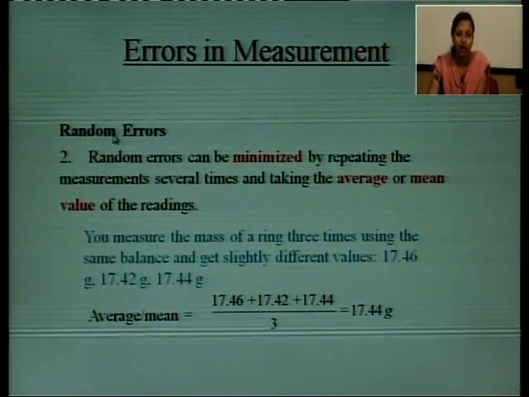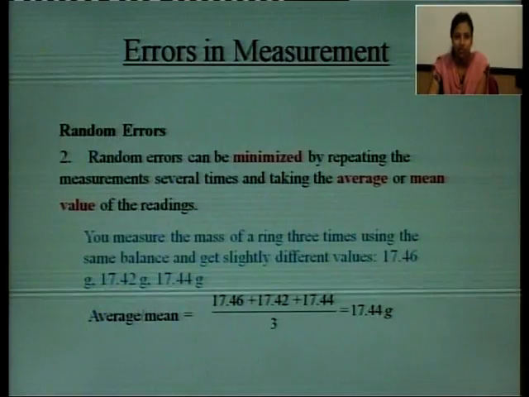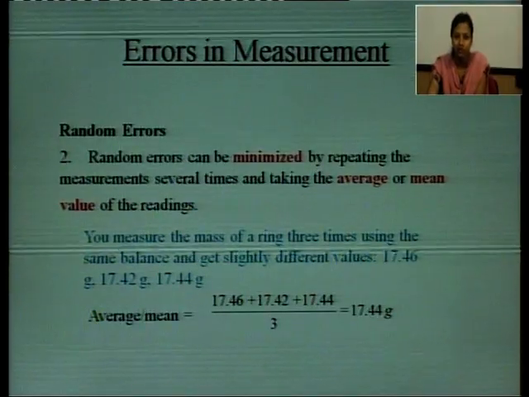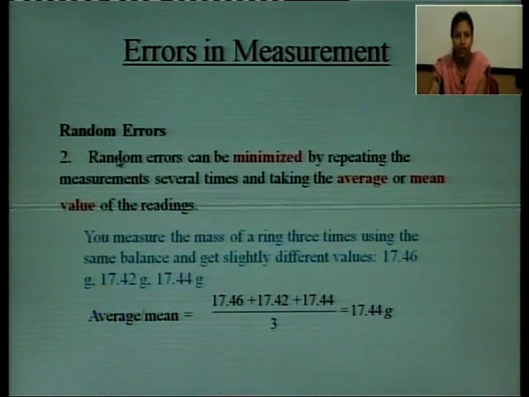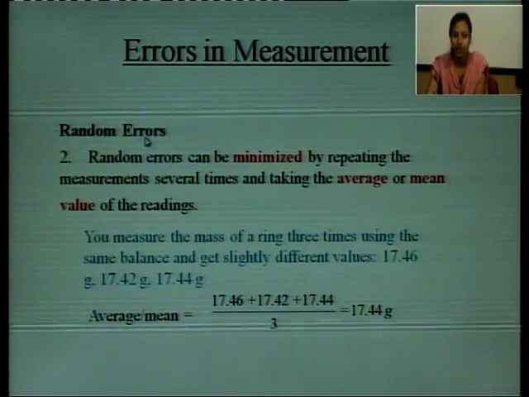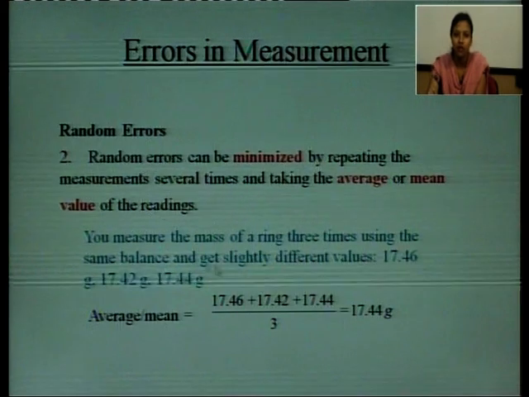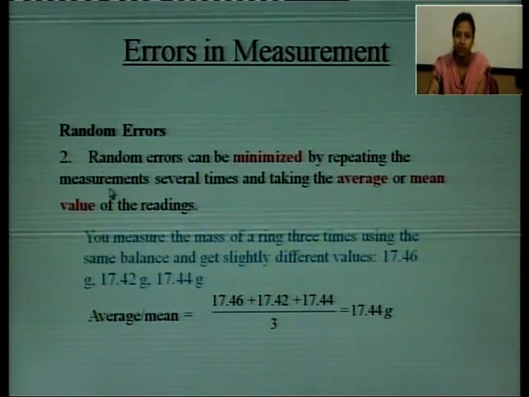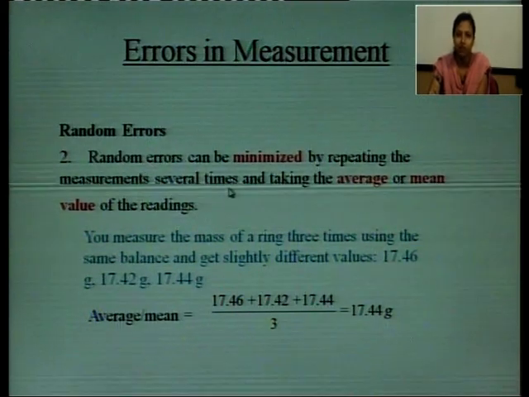Next, how can we minimize the random error? We cannot add or subtract it like a systematic error in the final measurement. Random error can be minimized by repeating the measurement several times.